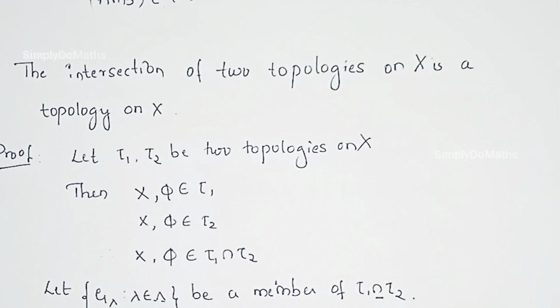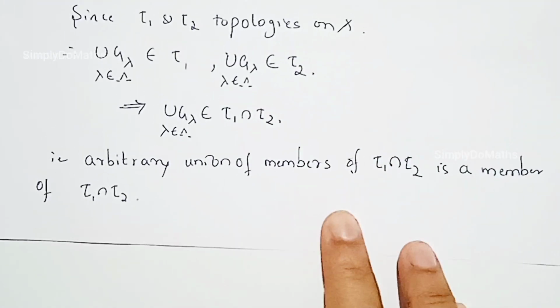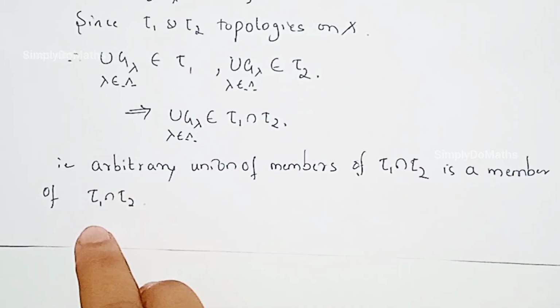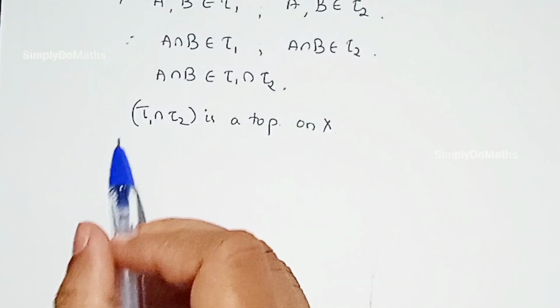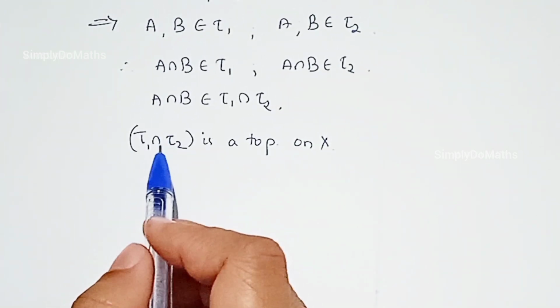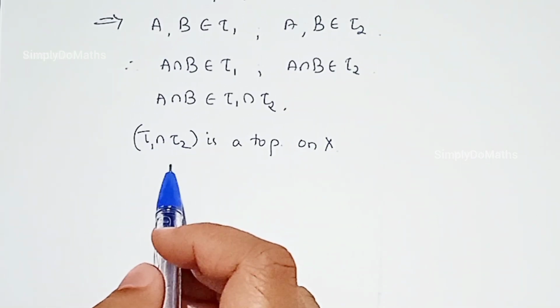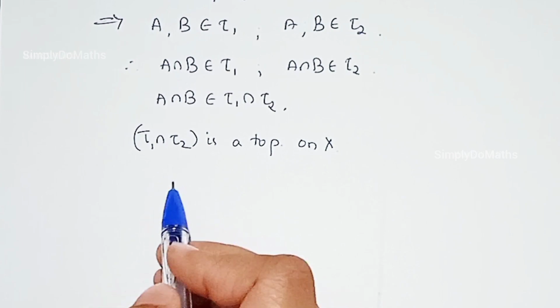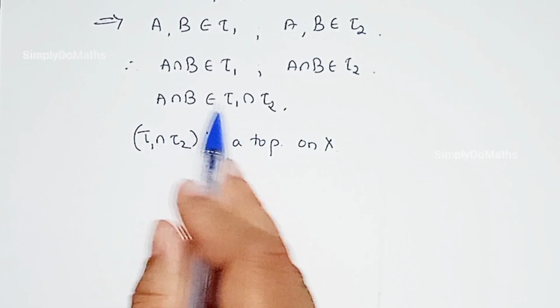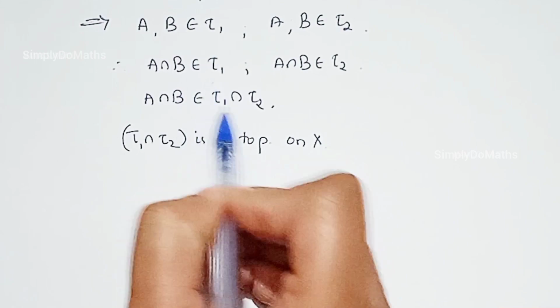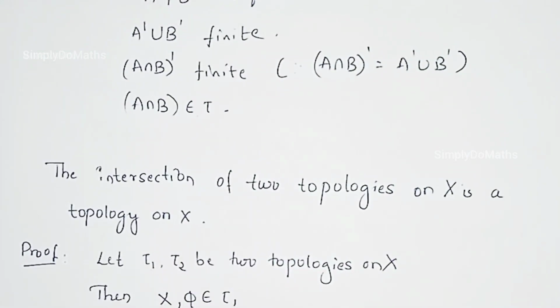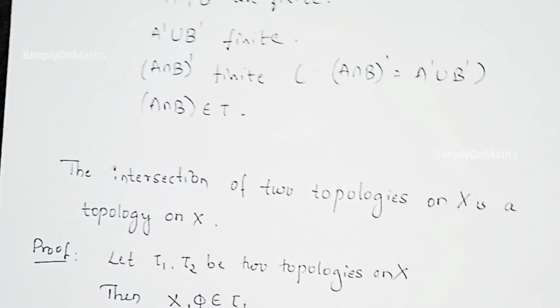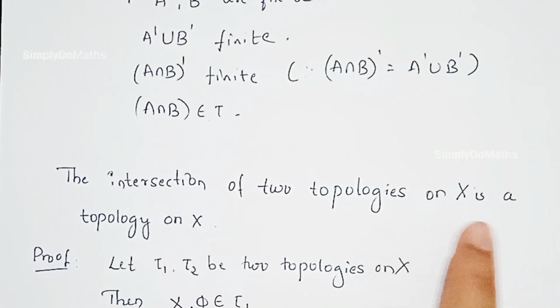The second one is that the arbitrary union of members of tau1 intersection tau2 is a member of tau1 intersection tau2. And the third property is that the finite intersection of members of tau is a member of tau itself. So by all these properties we can prove that the intersection of two topologies on X is a topology on X.